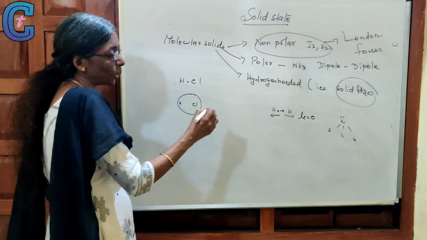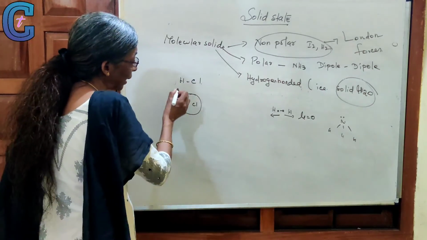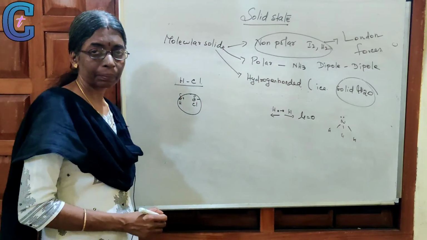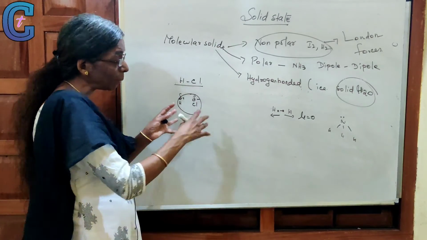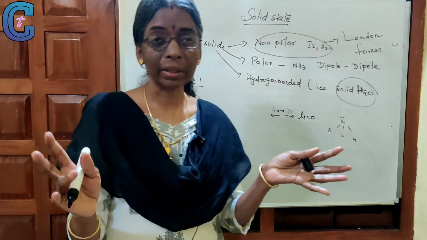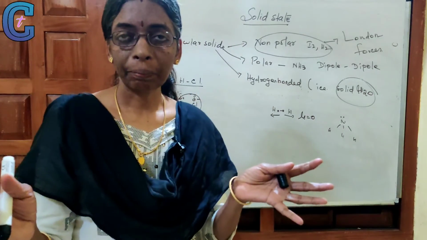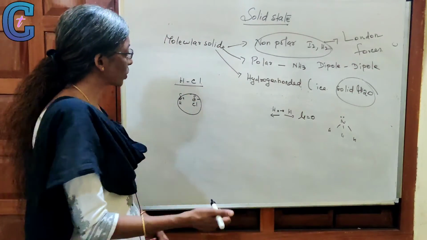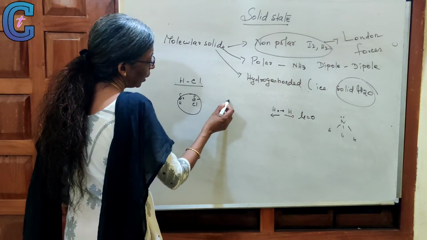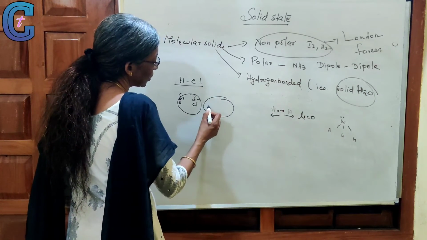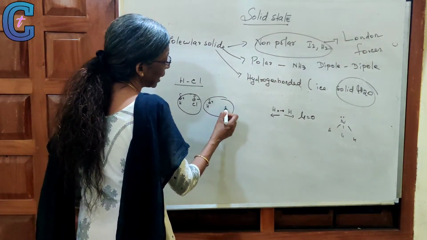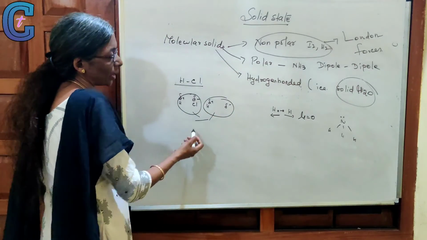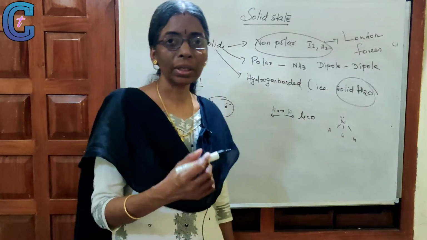They are already polar, so this is delta plus, here delta minus. So two poles are made, one side positive, another side negative. Then another dipole also comes here, H delta plus, delta minus. So this molecular interaction is dipole-dipole interaction.